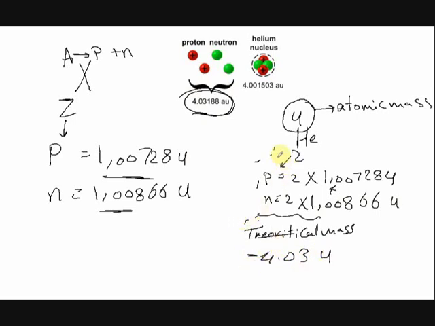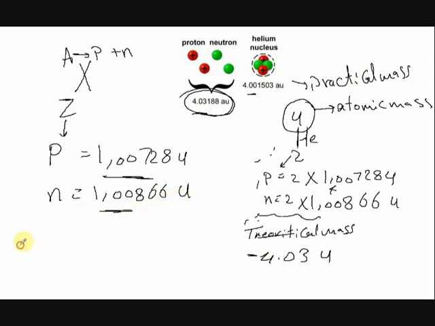But the practical mass for helium equals 4. So there is a difference between the theoretical mass and the practical mass.